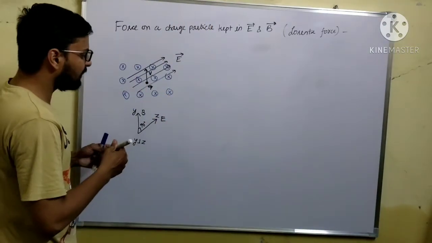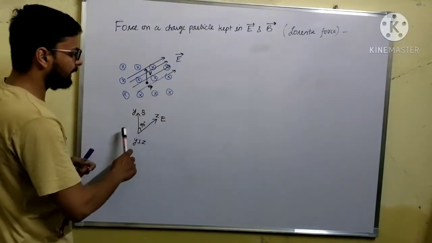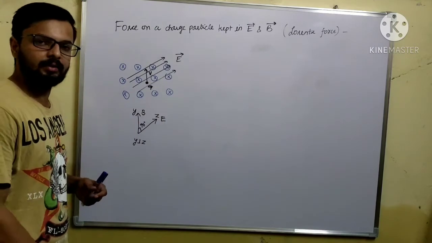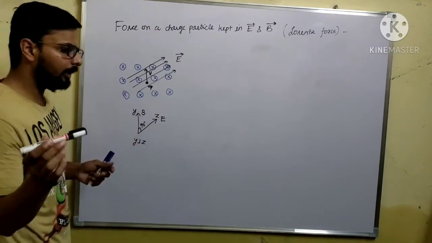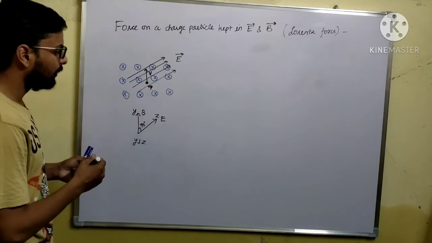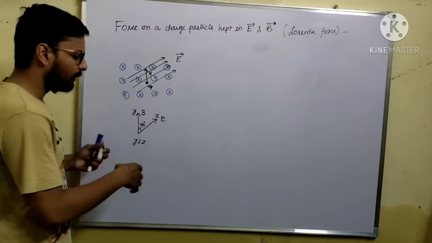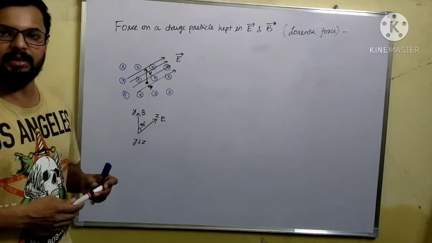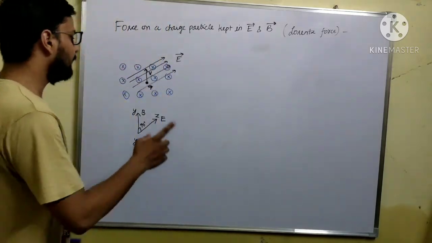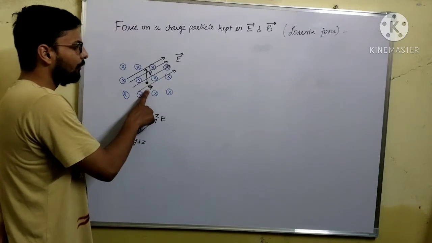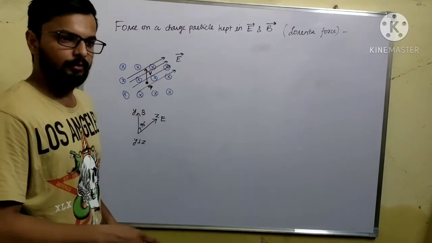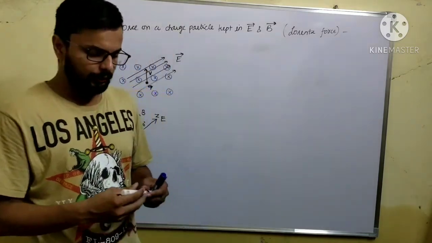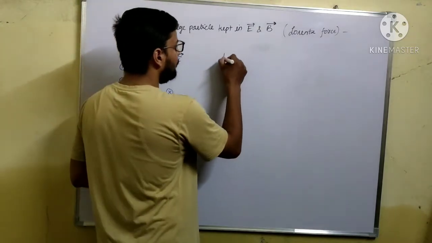So here in this diagram you see that the electric field is along the z axis and the magnetic field is going inside the board, so you take it as y axis. Okay, so both these axes are perpendicular, means the electric field and the magnetic field both are perpendicular, and there is a charge q which is moving with velocity v under the influence of both these fields.